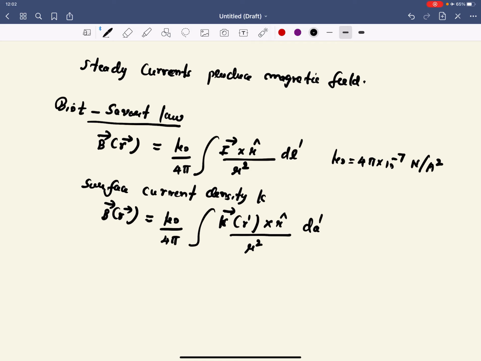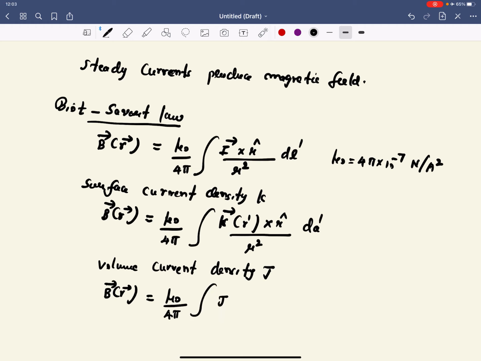Similarly, in terms of the volume current density J, we can also write the magnetic field B of R is equal to mu 0 divided by 4 pi integral of J of R prime cross the separation vector R hat divided by R square into d tau prime.